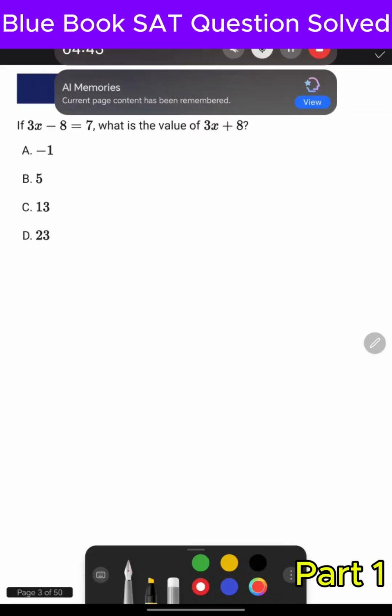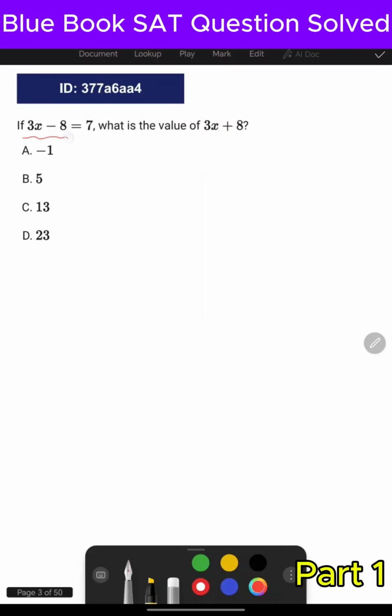As per this question, 3x minus 8 equals 7, and we need this one. From here we will find the value of x. 3x will be equal to 7 plus 8, so x equals 15 over 3. So x is 5.